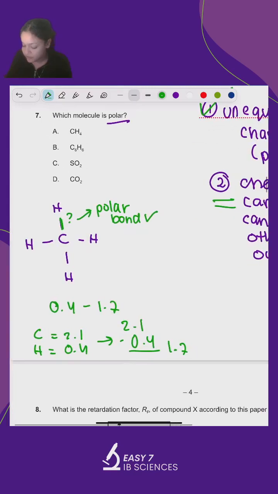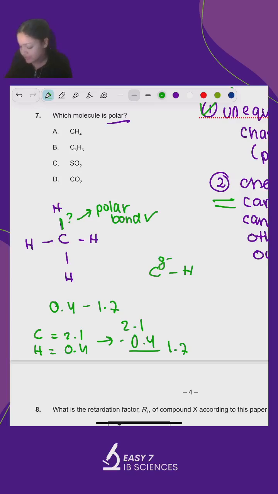The way I like to visualize this is to look at the carbon to hydrogen bond. We know that carbon is more electronegative, meaning it likes to take more of the electrons and steal them from hydrogen.